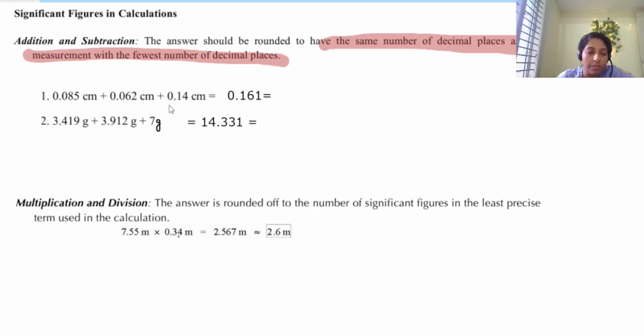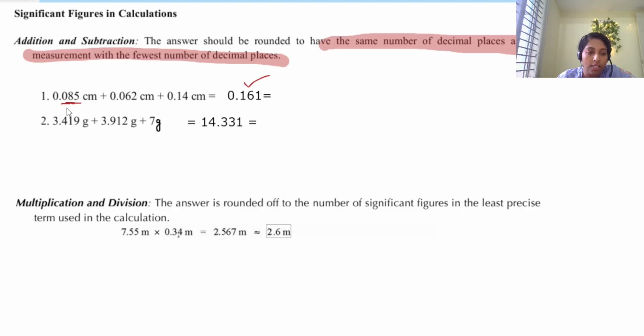If you want to add these three numbers, what happens? You can just add these numbers and you get this kind of number in your calculator. Okay, then what to do? How do you represent this answer? According to the significant figure rule we studied, for addition and subtraction, you don't count the significant figures, just look at the decimal places.